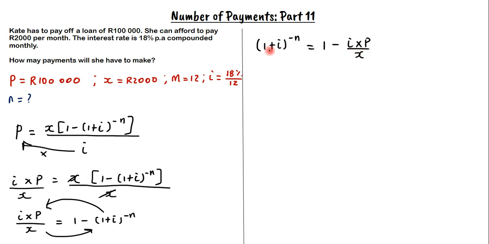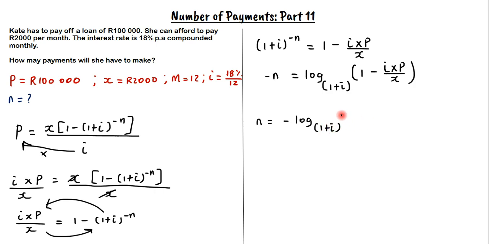Now I'm going to apply the logs, that way I can get my exponential. So minus n will be log base 1 plus i of 1 minus i times P over x. Then I just need n alone, so I'm just going to divide by negative 1 on both sides. That way I have n equals negative log base (1 plus i) of (1 minus i times P over x).